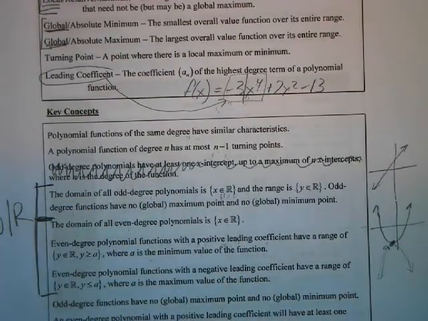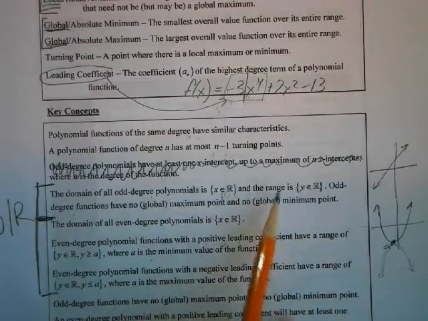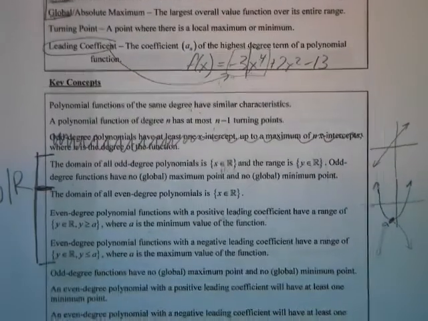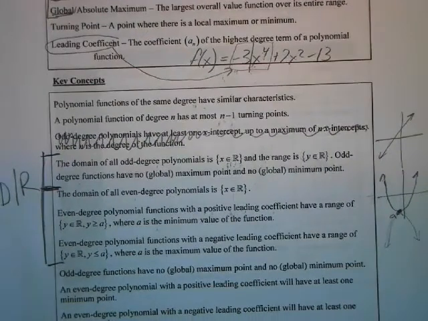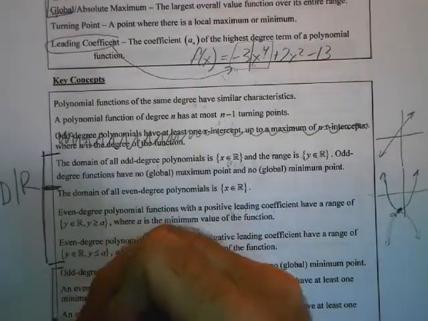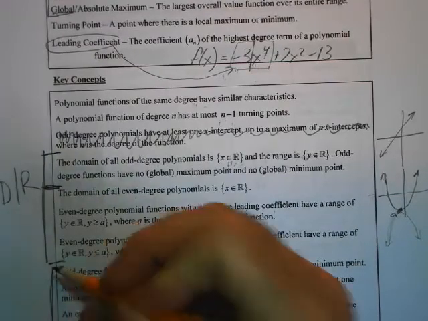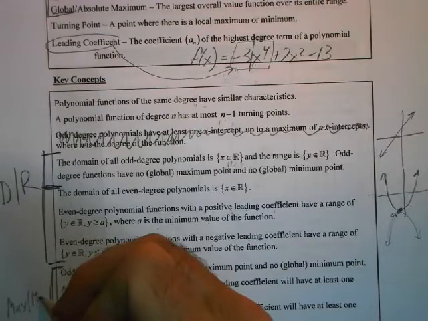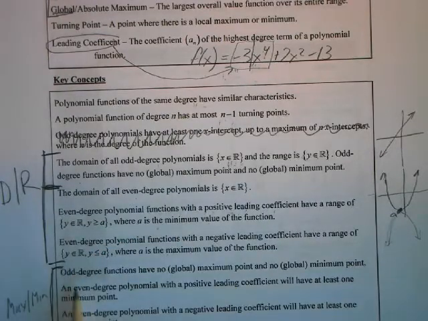Hopefully you can see it's nice when it's odd degree because basically there's no restrictions on domain or range, but this kind of breaks down for the even degree polynomials. Now, min and max. We've been talking about this as we've been talking about domain and range, so this should come naturally at this point.